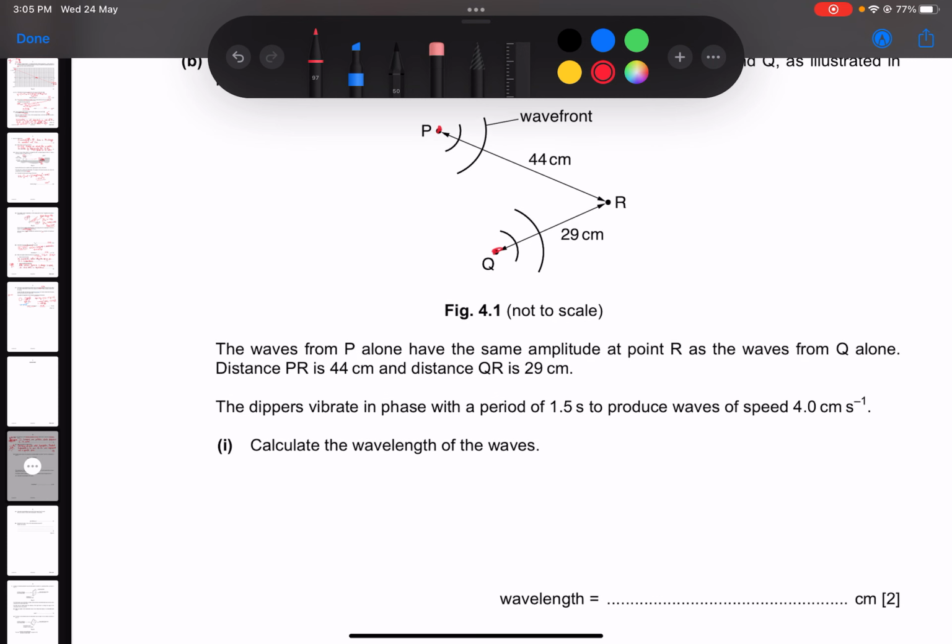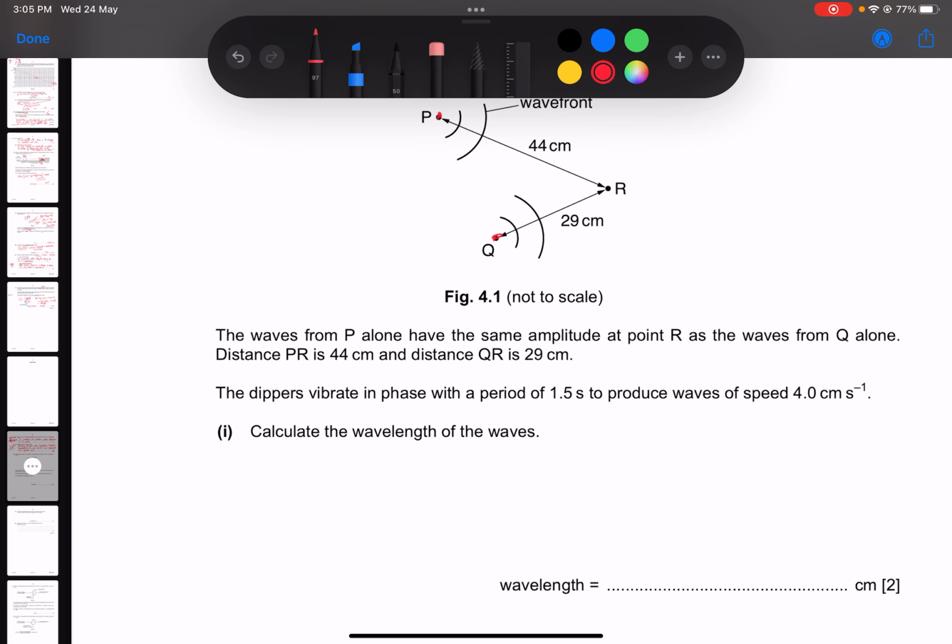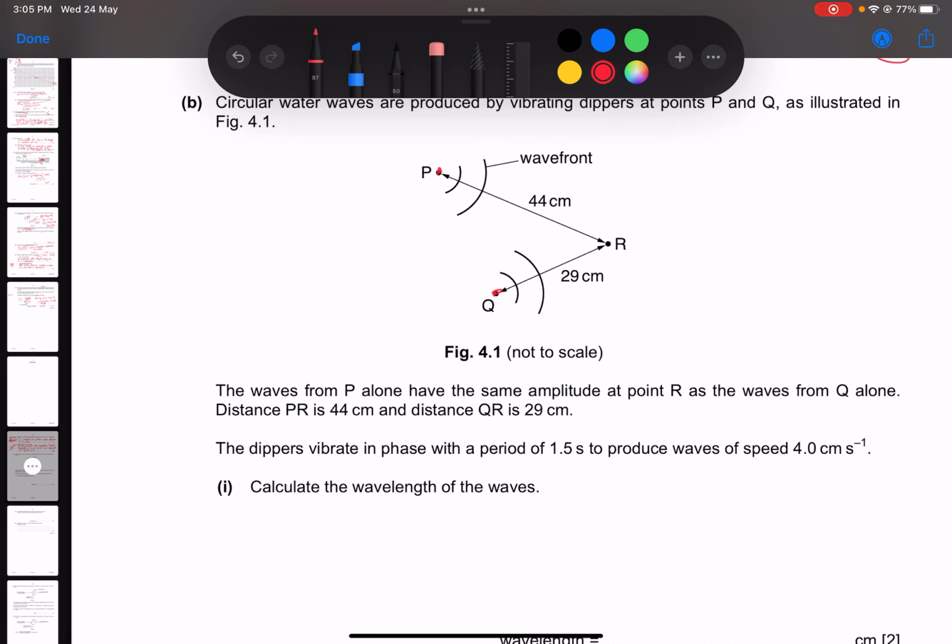The waves from P alone have the same amplitude at point R as the wave from Q alone. Distance PR is 44 centimeters, QR is 29. It's given on the diagram as well. The dippers vibrate in phase with a period of 1.5 seconds to produce waves of speed 4 centimeters per second.